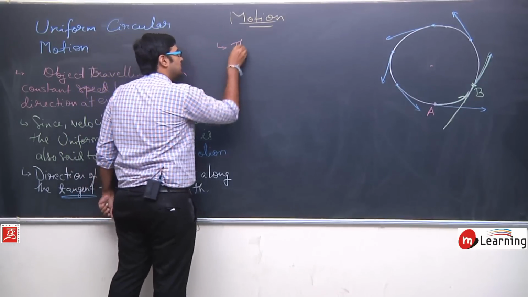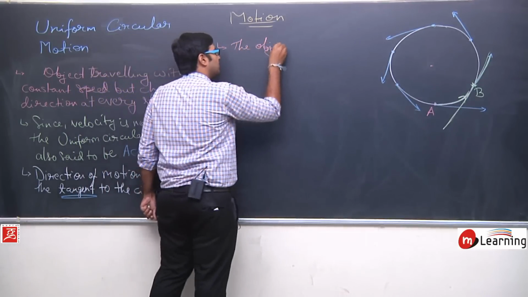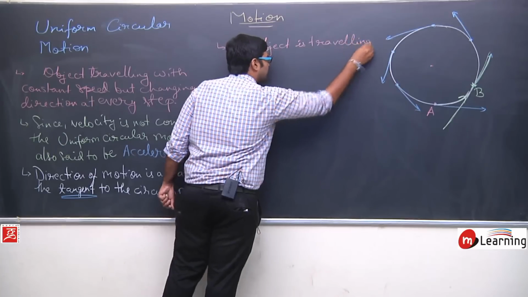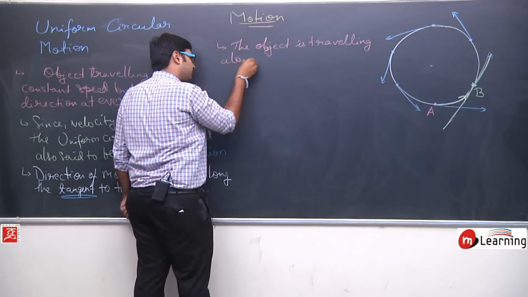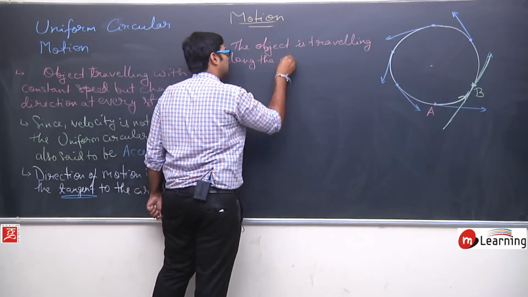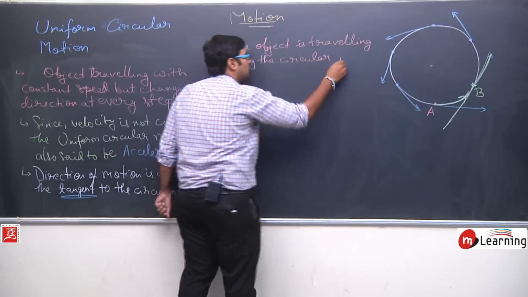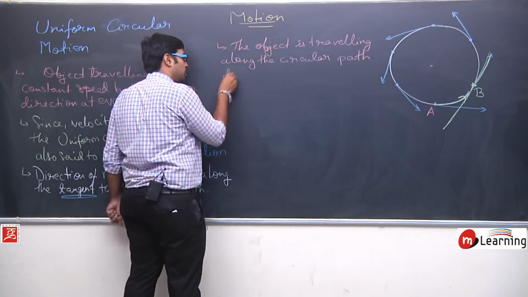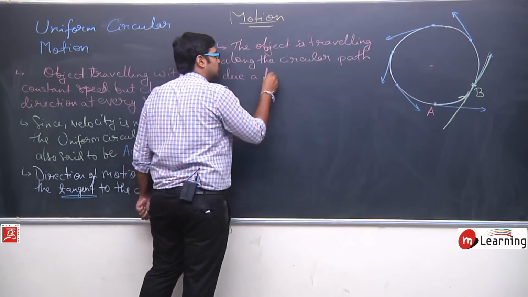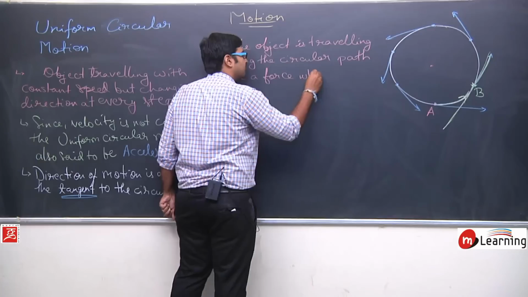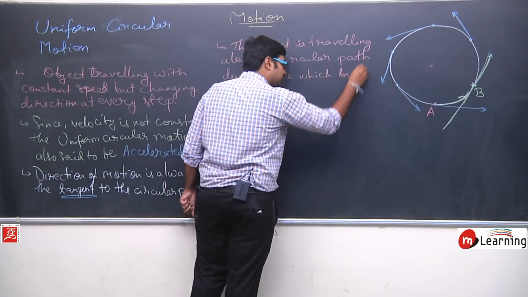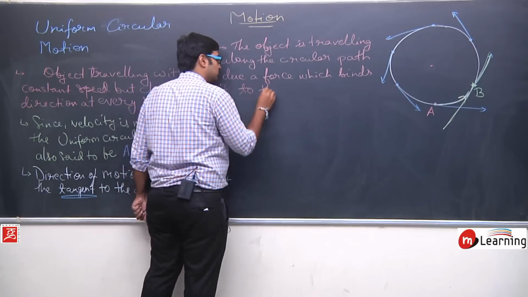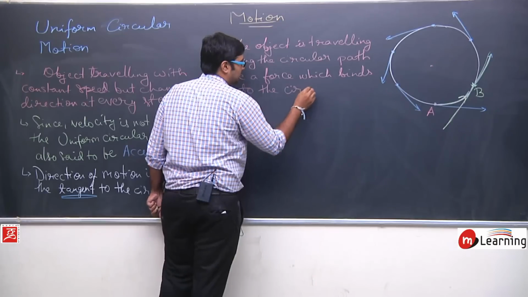We will say the object is traveling along the circular path due to a force which binds it to the circle or along the circle.